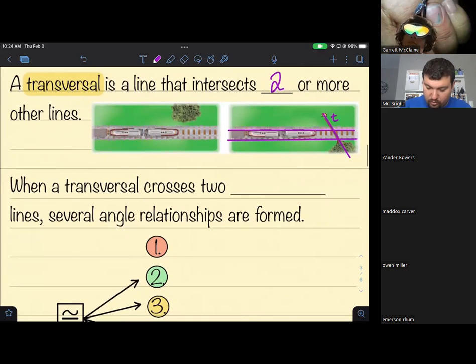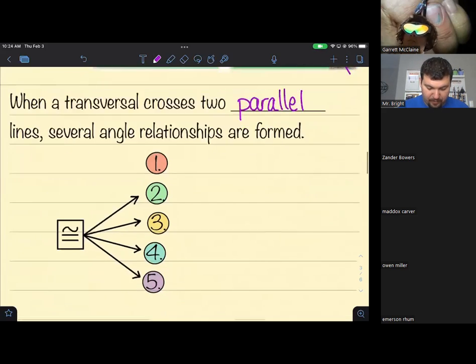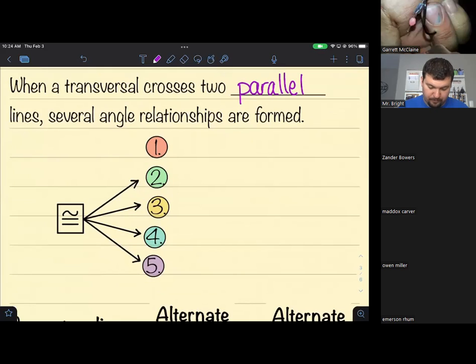When a transversal crosses two parallel lines, we see several angle relationships that will happen, okay? And so I'm going to list them for you. So again, I've got two parallel lines crossed by a transversal.